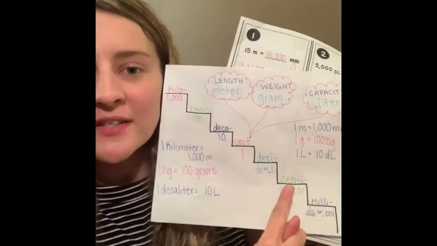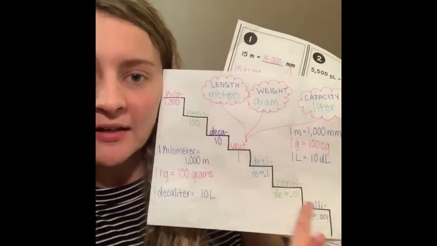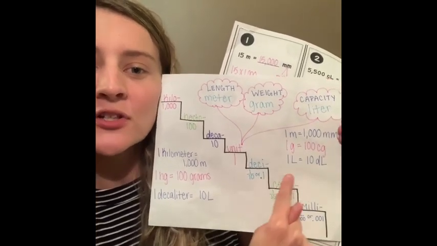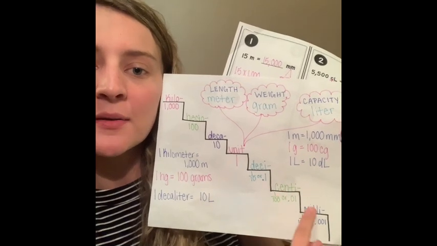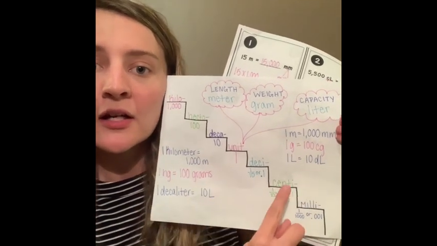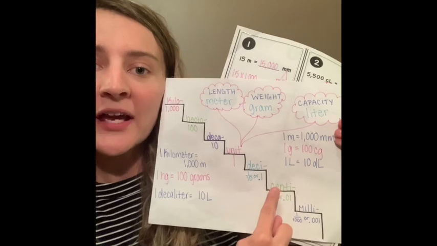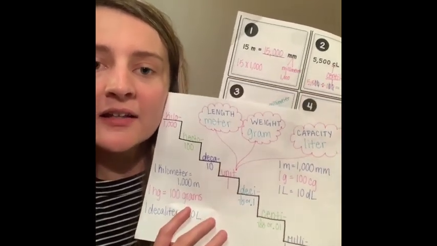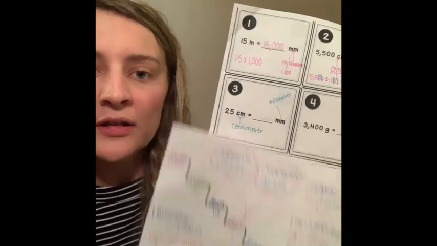So from centi to milli, we multiply because we're going down the staircase. And how many times do we have to go down a step to get from centi to milli? Just one. So we add a 0 at the end of 25.